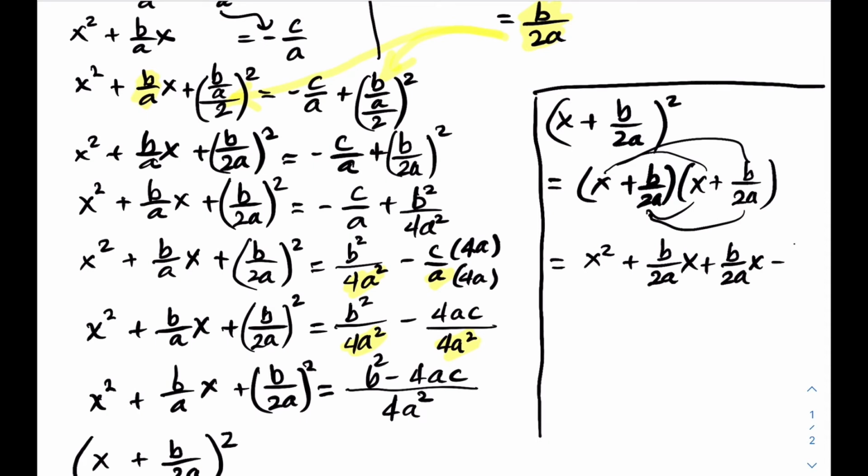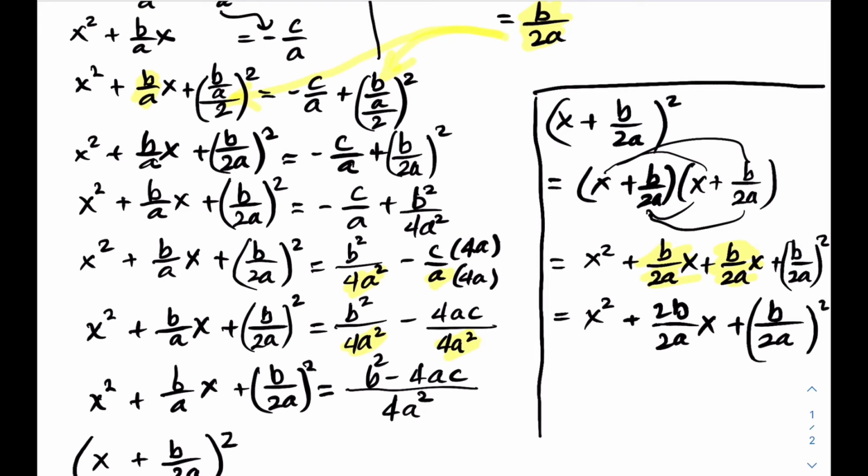Last to last, that's plus b over 2a squared. X squared, we're going to combine like terms here. Gives you 2b over 2a x plus b over 2a squared.